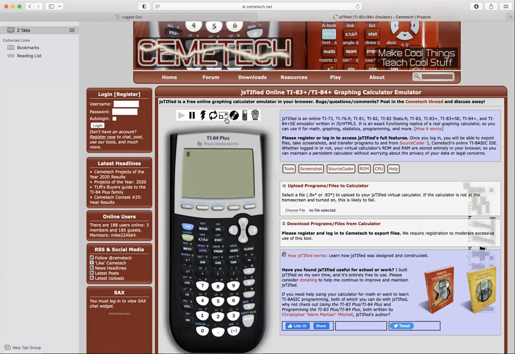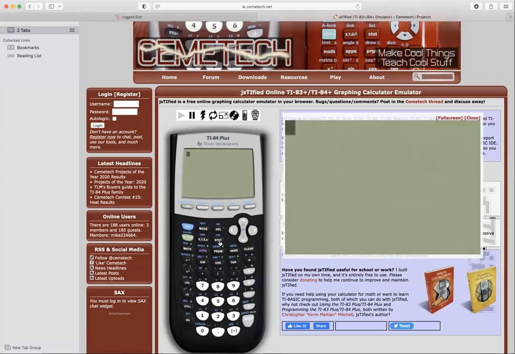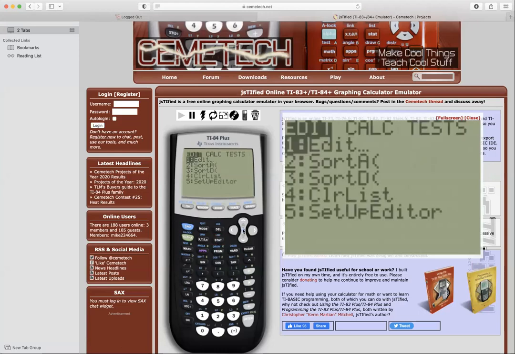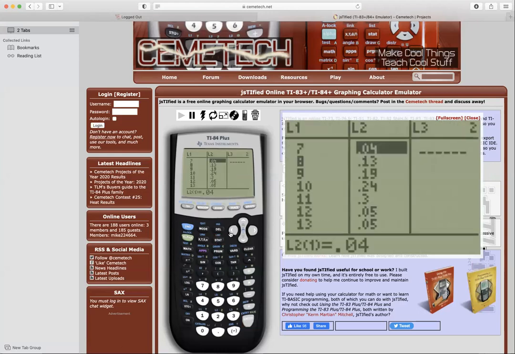Stats, enter, clear, and you clear this again.